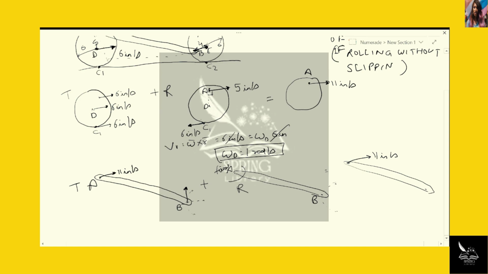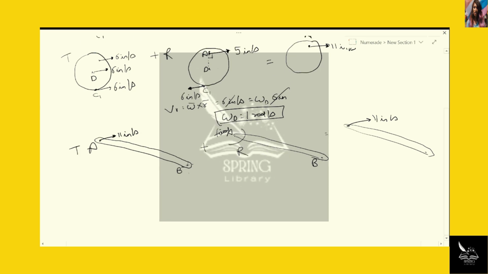So we can't really say that it always has to point like this. We can only figure it out after we analyze motion of the third disk as well. Okay, so let's leave it like that.